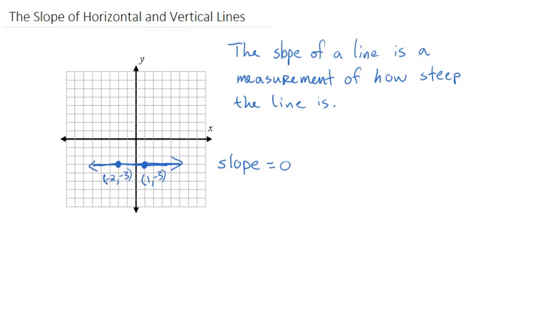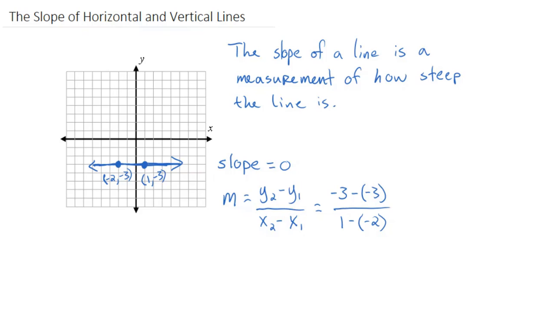Let's recall that when we're working with the slope formula, we take the difference in the y values on the top and the difference in the x values on the bottom. Plugging our coordinates in, that would give us -3 minus -3 on the top, and 1 minus -2 on the bottom.